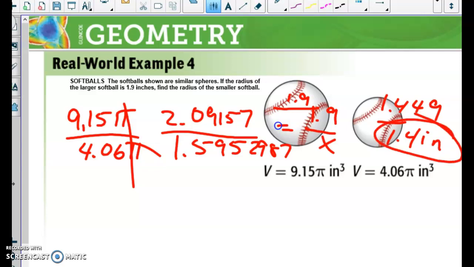So you have to cube root the volume ratio to get to the radius ratio.